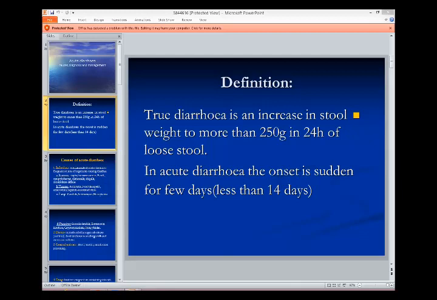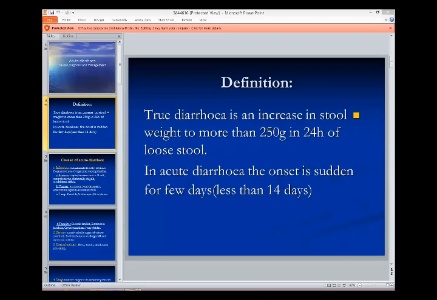Any drugs or dietary intake, any major changes in the dietary intake which could contribute towards this diarrhea. Look for signs of dehydration, temperature and abdominal tenderness.